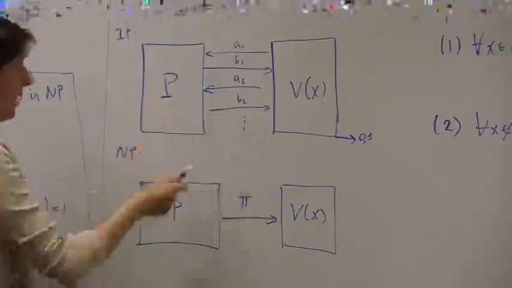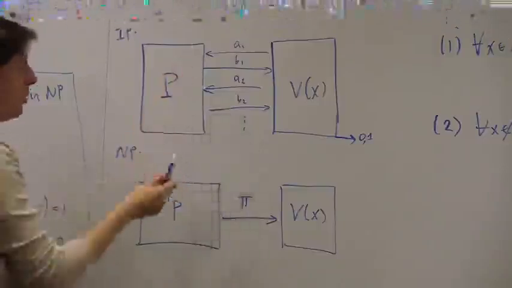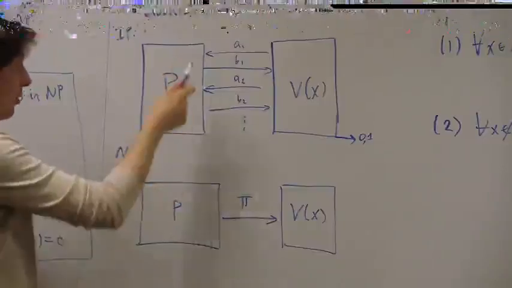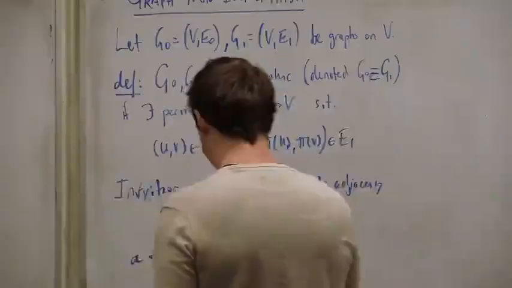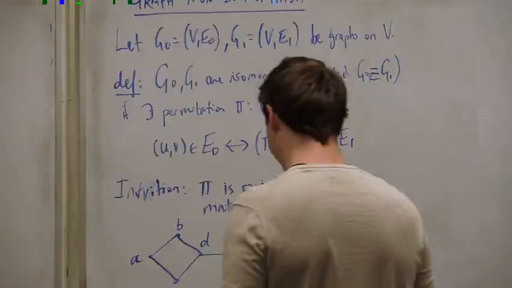So you have a graph, maybe this is a graph on the vertices A, B, C, D, E. I could flip B and C, and I would get two graphs that are isomorphic.